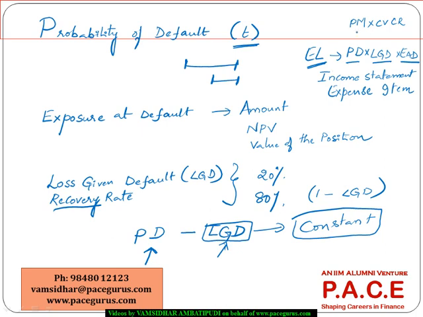So if I have one more loss element that is coming up apart from the default, I will be taking the weighted average of all those things and finally trying to compute my expected loss. So based on default, migration, any other instruments that are coming up, whatever is the expected loss that is computed.